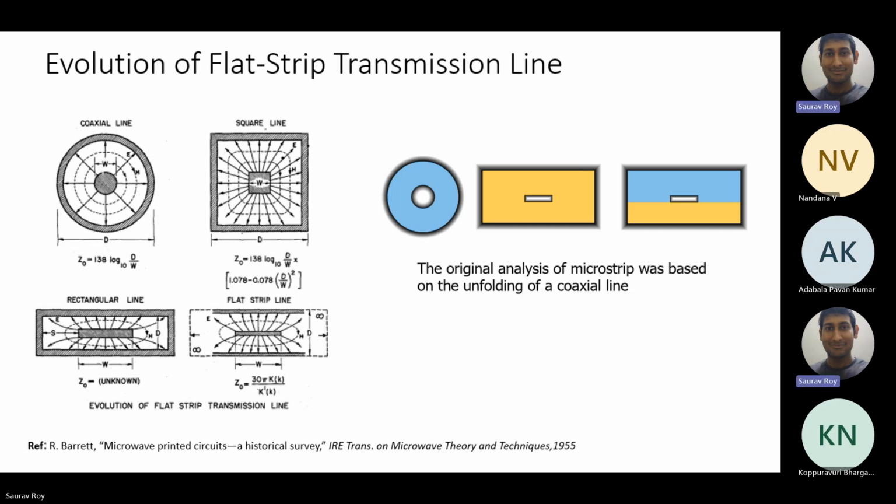If you unfold the coaxial line and take the ground to the bottom, then you see the blue picture, there are two different colors, blue and yellow. Those signify two different substrates, and in between we have our patch. So that is how the microstrip line came into the picture. First people had the coaxial line, and from that they came to this microstrip line.